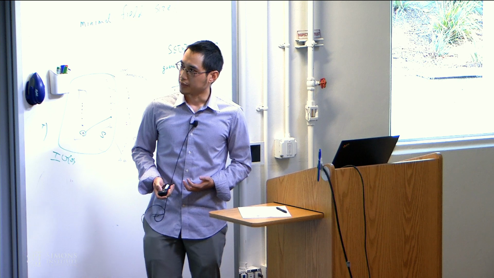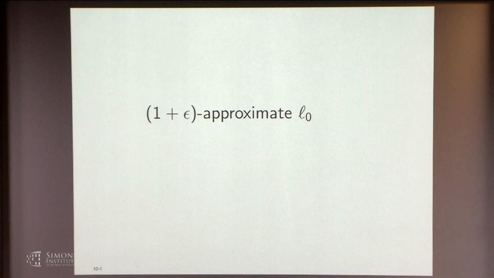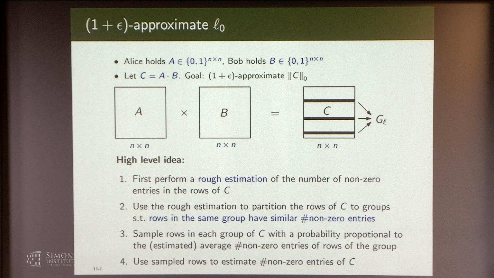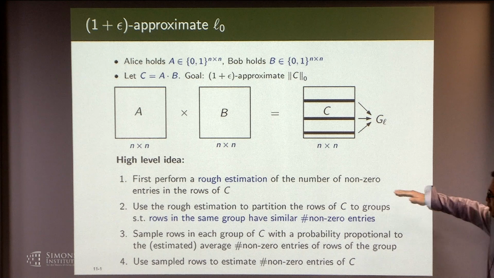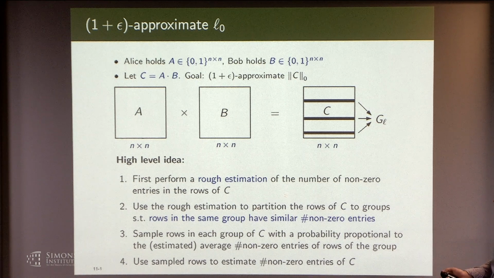Okay. So let's start with the 1 plus epsilon approximation of the L0 norm. Here's the high-level idea. We first perform a rough estimation of the number of non-zero entries of the result matrix C, and then we use this rough estimation to partition the rows of C into groups, so that rows in the same group have a similar number of non-zero entries.